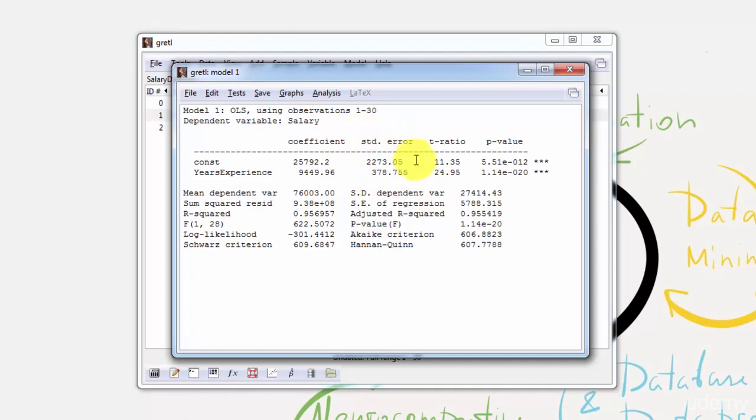Then you've got the standard error here, you've got the t ratio, and you've got the p-values for each of your constant or variables. Of course these are all important, and it depends on what you're doing with your data science project. You might need to work with these, but in this particular part of the course, we're going to be talking about the p-values mostly.